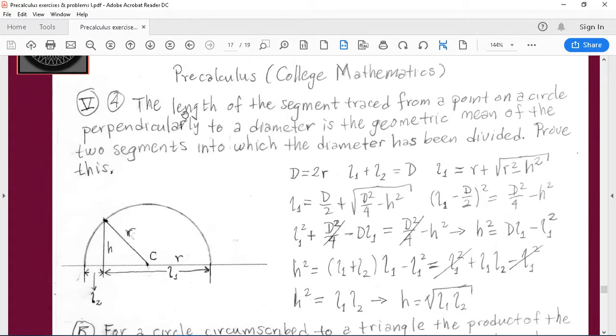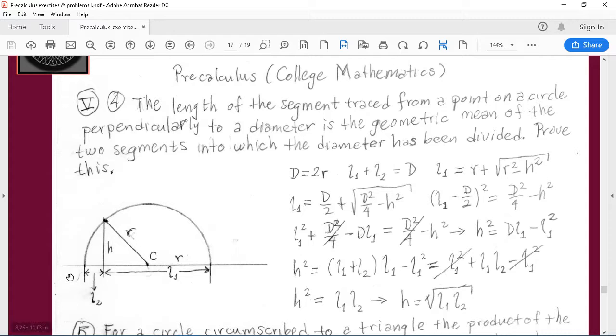We have that the length of the segment traced from a point on a circle. Here we have the semicircle. We don't need to draw the whole circle. It's enough with drawing the semicircle here, which is shown in the figure. So the length of the segment traced from a point on a circle, this is the point on the circle, and we have that the segment traced perpendicularly to the diameter.